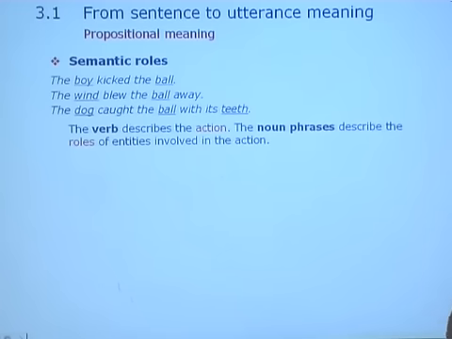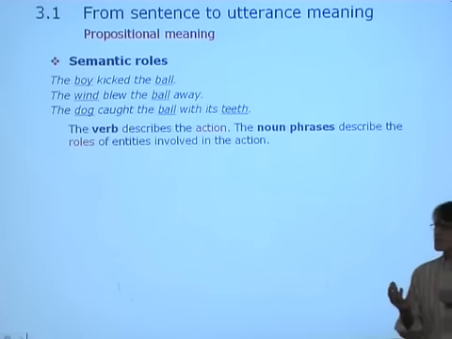How would you characterize the semantic differences between these noun phrases? The boy kicked the ball. What's the difference? How would you characterize the meaning contribution of boy and the meaning contribution of the ball? What does boy refer to?